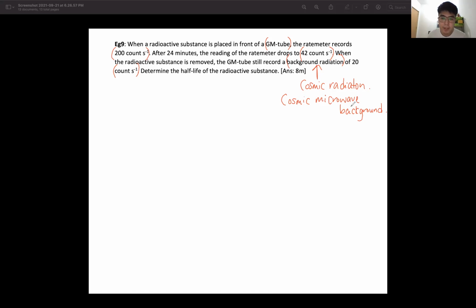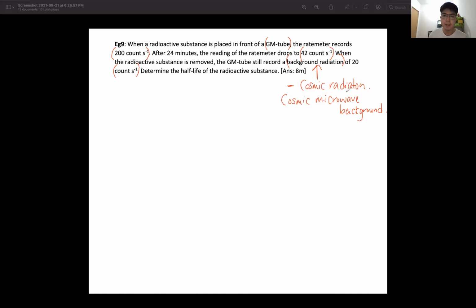They believe that this microwave is actually from a very, very long time ago, when the universe was still at the baby stage. It's growing, right? So when the universe was still at its baby stage, it gave out this kind of radiation, and this radiation travels so far until it reaches our Earth today, and we detect it as cosmic microwave radiation. So the bottom line is the radiation is from everywhere in outer space.